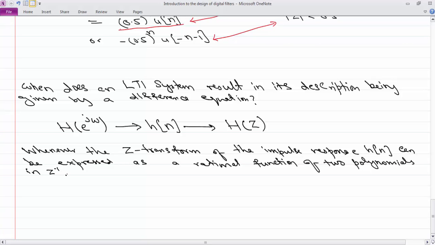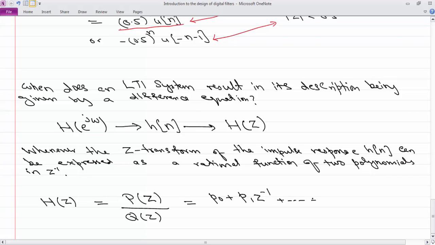Anytime you can do that, you are guaranteed that your system can be expressed as a difference equation. So we should be able to write H(z) as a fraction, as a rational function of two polynomials in z inverse, P(z) over Q(z), where the numerator polynomial is a degree m polynomial, and the denominator polynomial is a degree n polynomial.